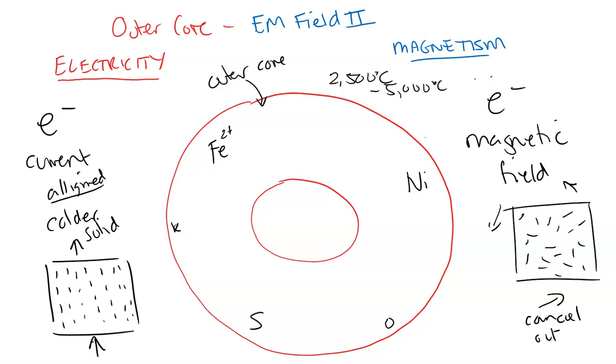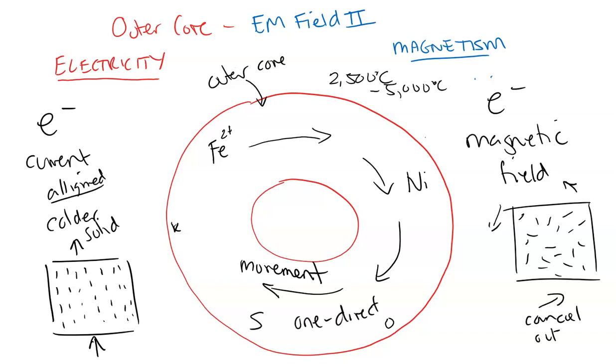So the whole outer core is spinning, and this is movement. And the movement in one direction is very important, the actual direction in which it's moving.